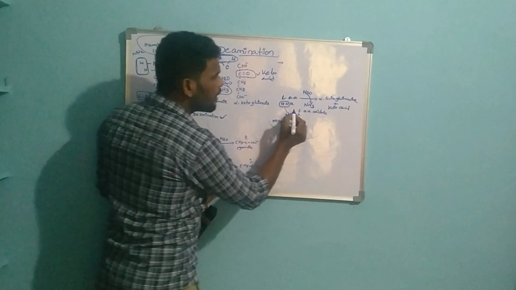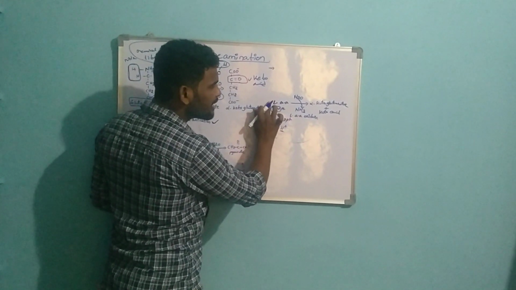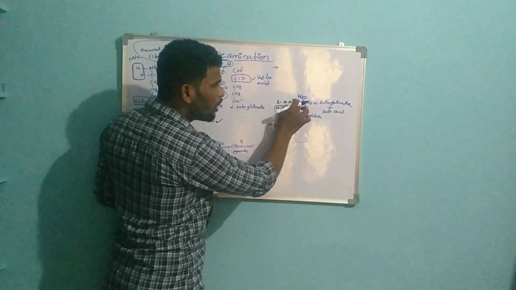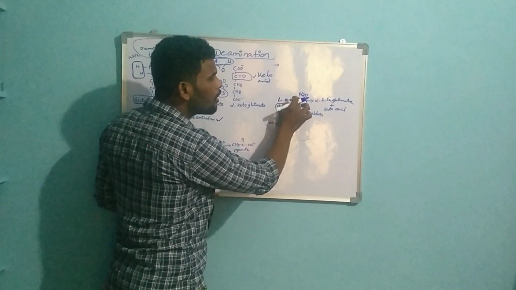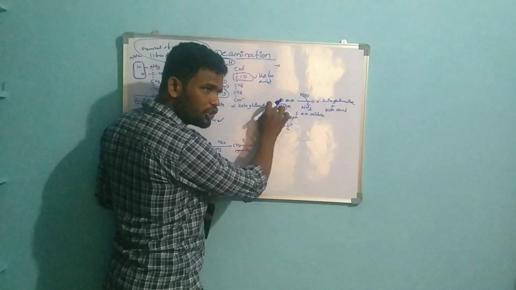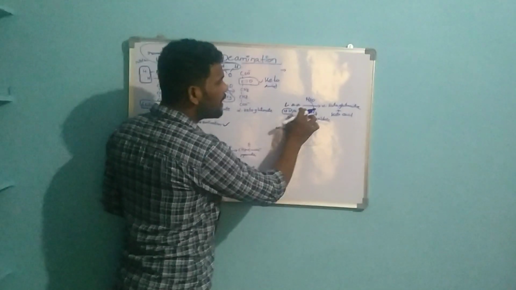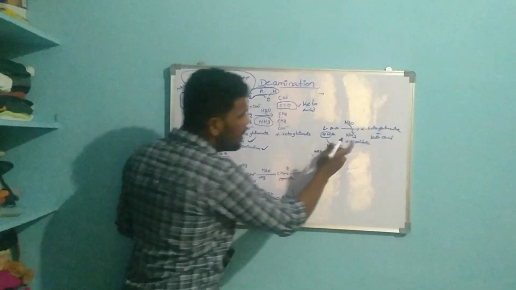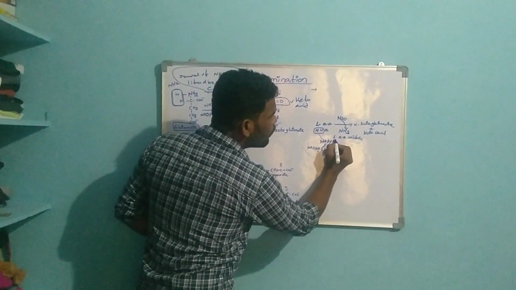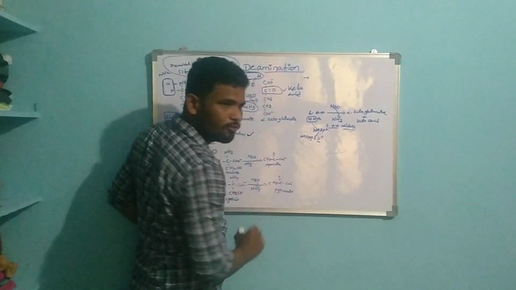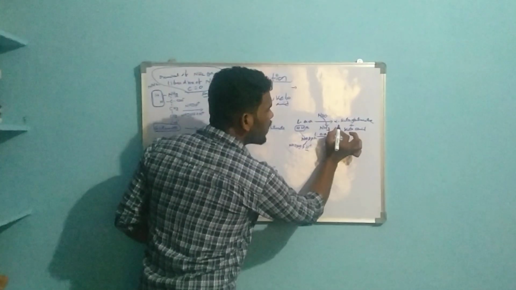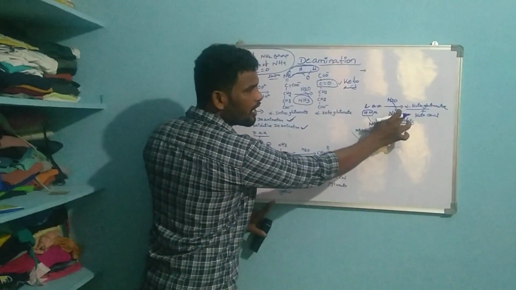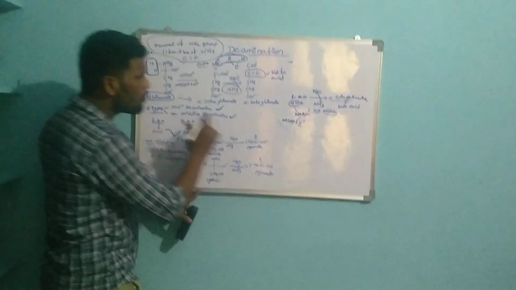Next, the water molecule is very necessary. The water molecule comes and binds with the levoamino acid, liberating ammonia in the same reaction, in the presence of the enzyme levoamino acid oxidase, and it gets converted into alpha ketoglutarate.